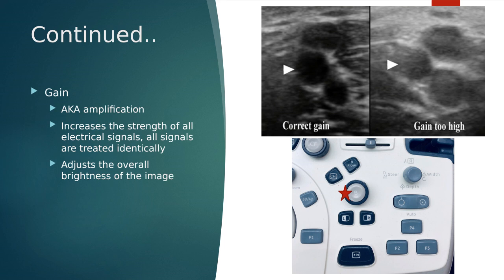So in this picture, I would decrease my gain to make my overall picture darker so that it looks something like this. Now, in order to manipulate our gain, we're going to use the button that has a B on it, and we just turn it like a knob. So you turn it to increase it, and you turn it the opposite way to decrease it.